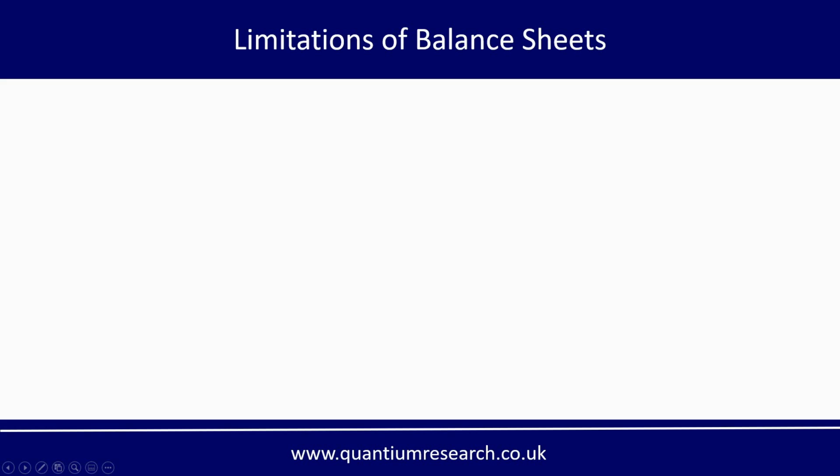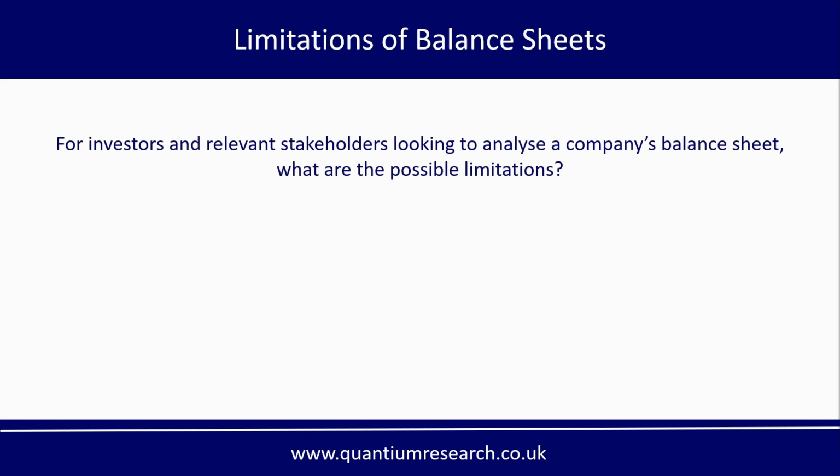But with balance sheets, it's important to know that there are limitations. And we should ask ourselves what these are, because if you're looking to analyze a company's balance sheet, you should keep in touch with the reality of things. One example is that when the balance sheet is released, say for the 6 months ended the 30th of June 2020, you won't be getting that on the exact day.